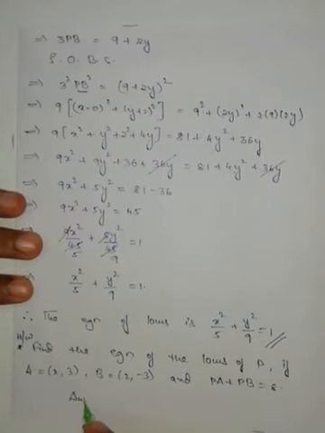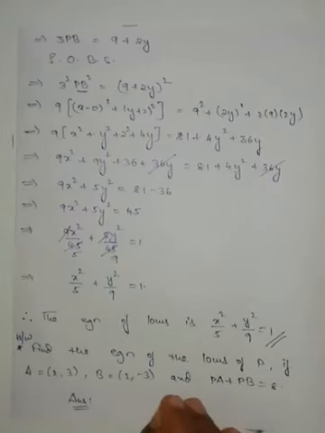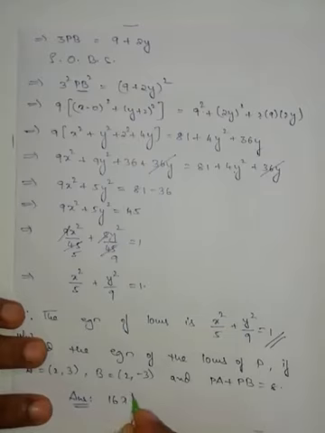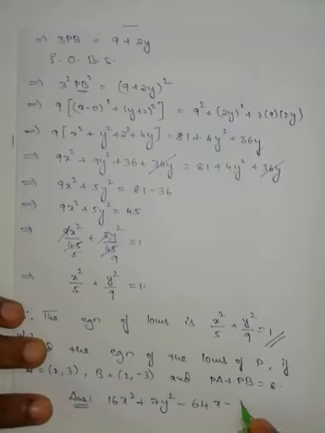And the answer you have to get is 16x square plus 7y square minus 64x minus 48 is equal to 0.